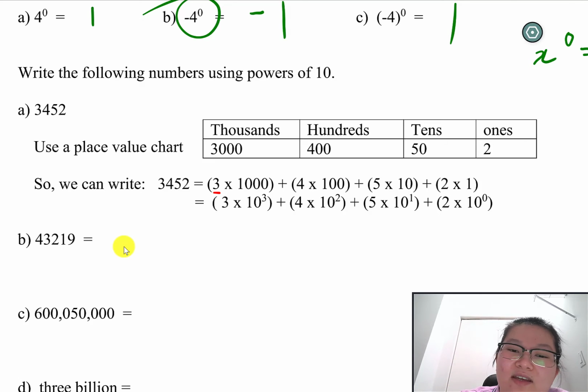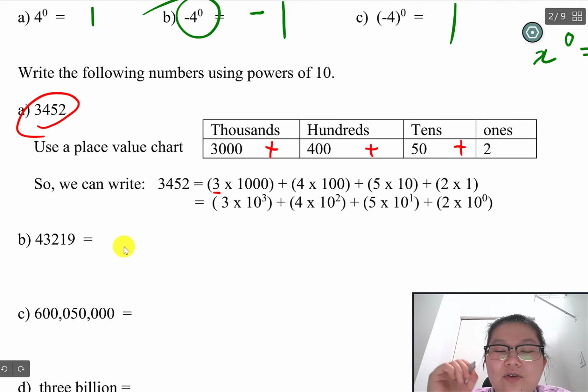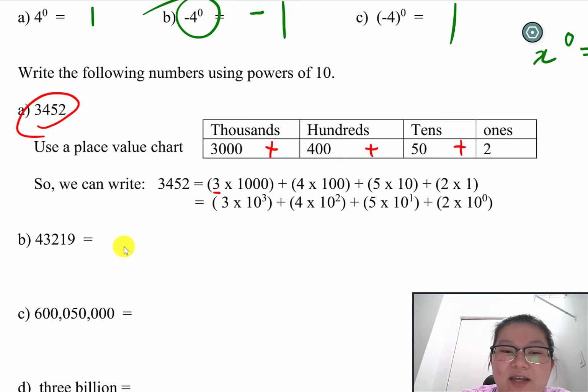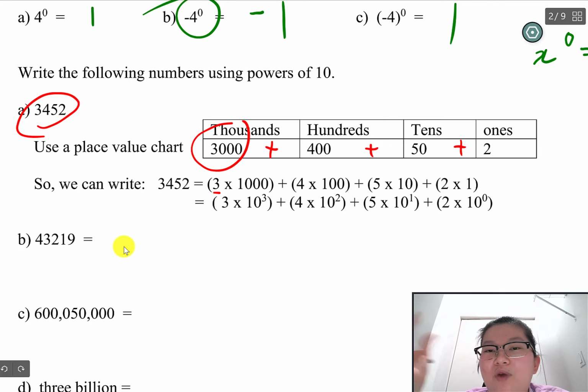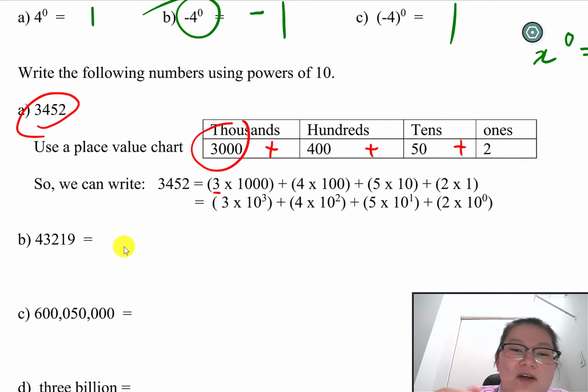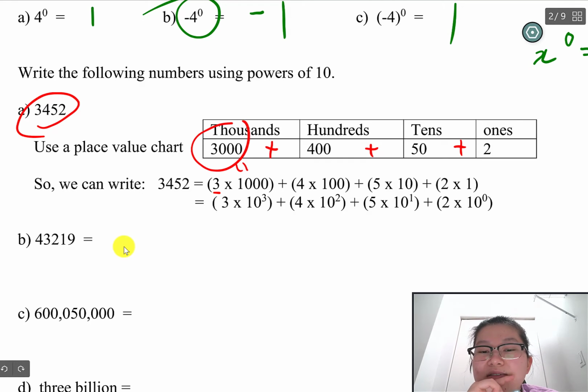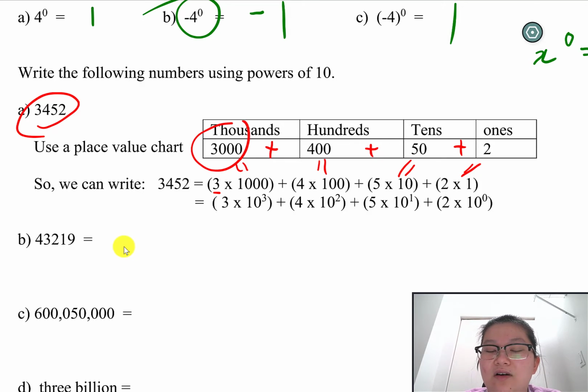Since we can write the top as an addition statement to get 3,452, then whatever we break this down into, we can also write as an addition statement. So if I take this 3,000 and say, this is just 3 times 1,000, this is equal to 3,000. I can do that for the 400, the 50, and the 2. So 4 times 100, 5 times 10, 2 times 1 gives us all of the top numbers.